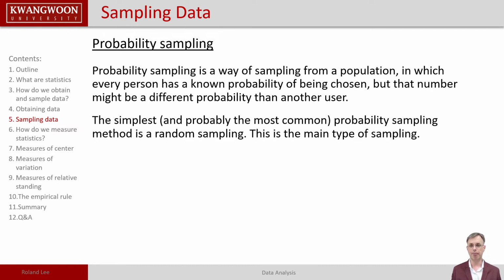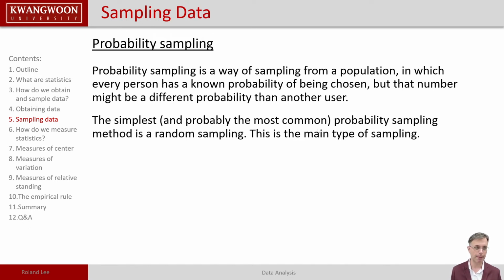Now, probability sampling is a way of sampling from a population in which every person has a known probability of being chosen, but the number might be a different probability than another user. The simplest and probably the most common probability sampling method is random sampling.